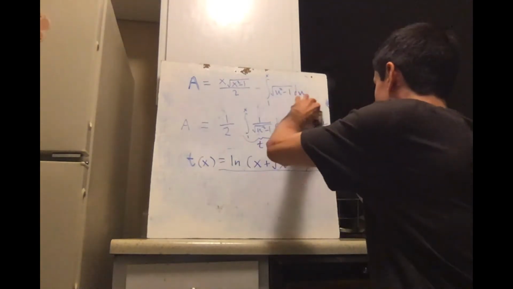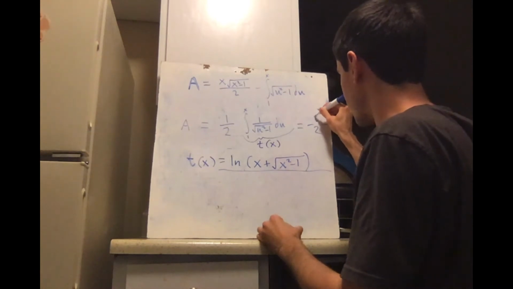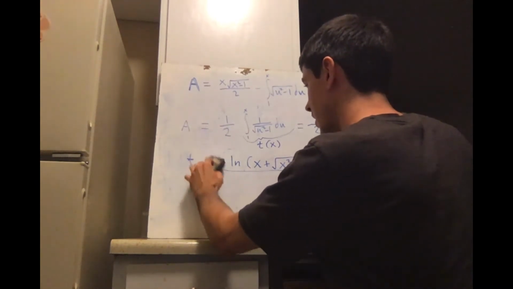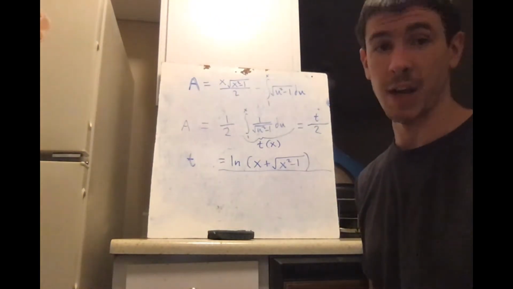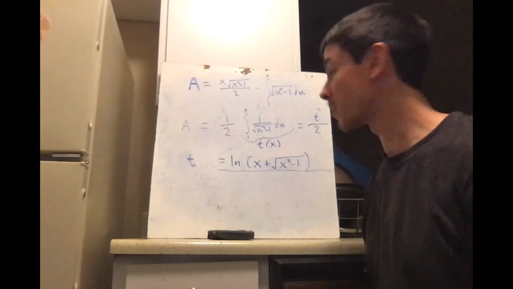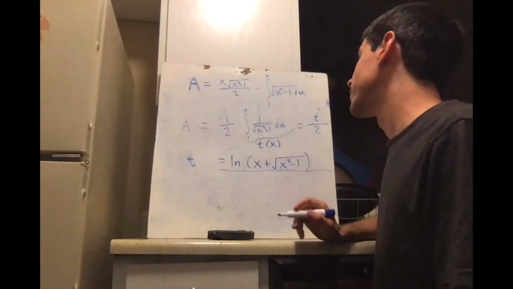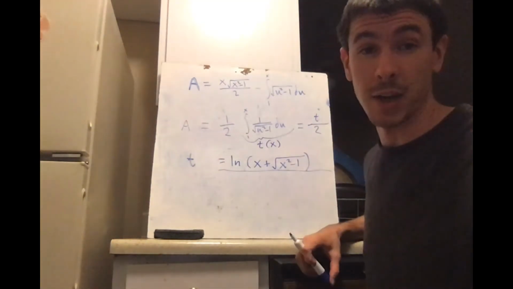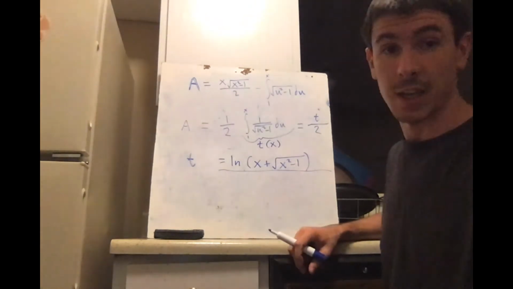I'm gonna drop the x's now. So we've shown that a equals t over 2, where t equals the natural log of x plus the square root of x squared minus 1, all this stuff inside of the natural log. So now let's express x in terms of t. So how are we going to express x in terms of t?